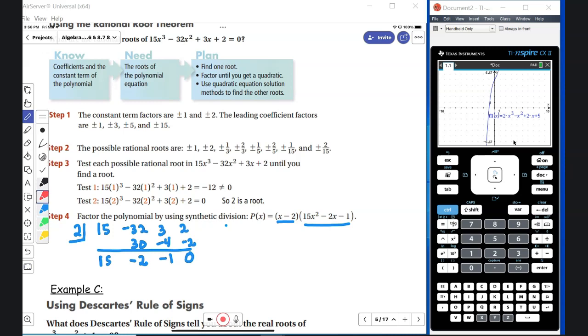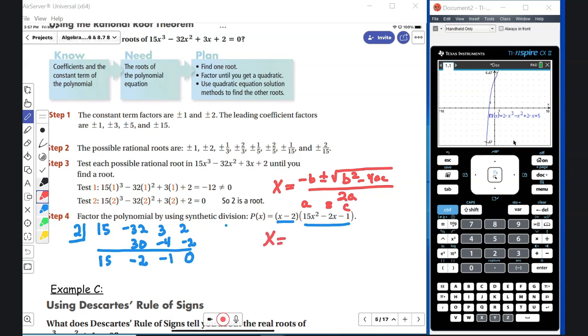So I'm going to go ahead and write the quadratic formula. We have x equals negative b plus or minus square root b squared minus 4ac, divided by 2a. And we know that a is 15, b is negative 2, and c is negative 1.